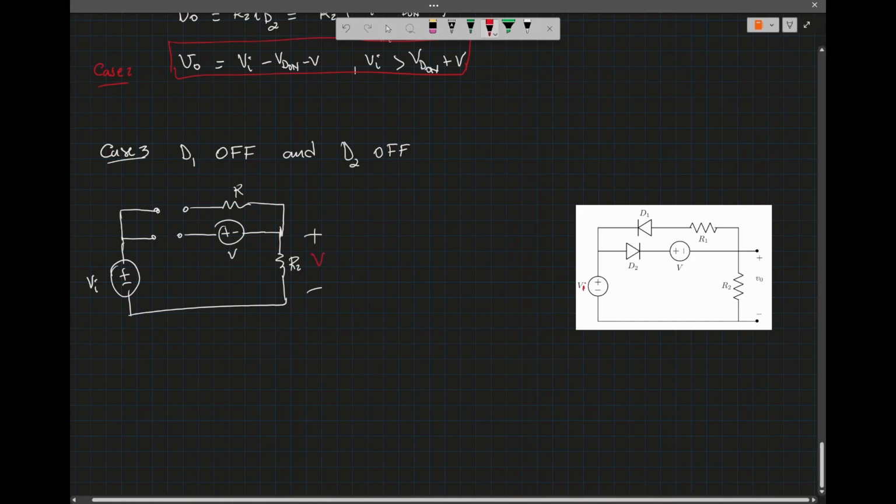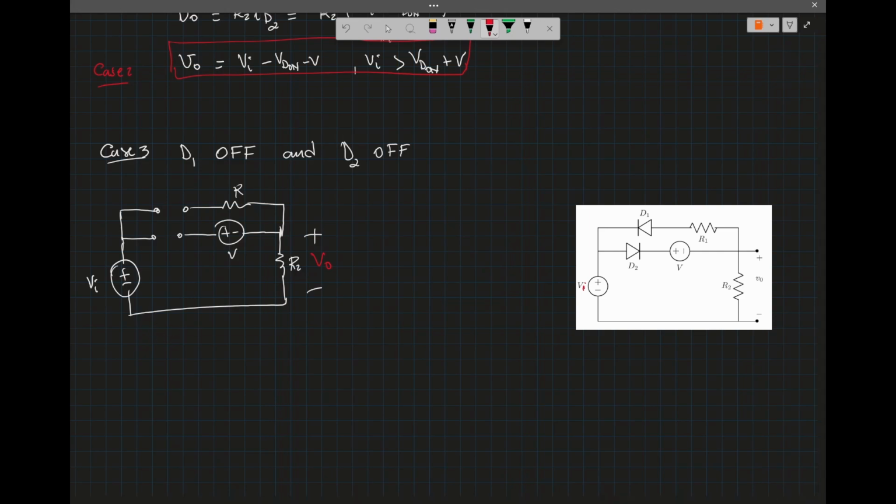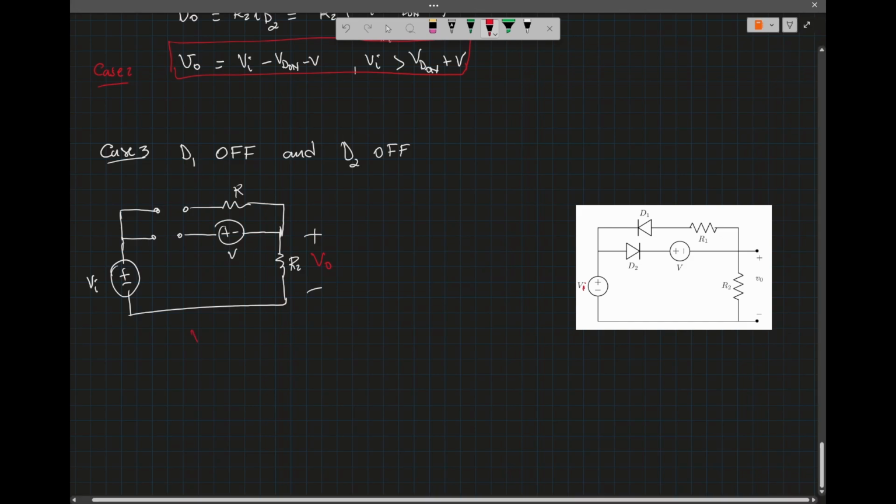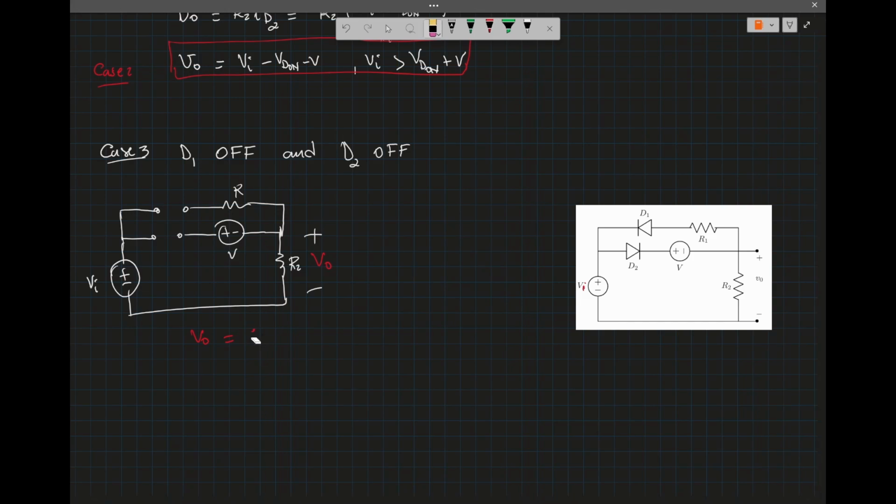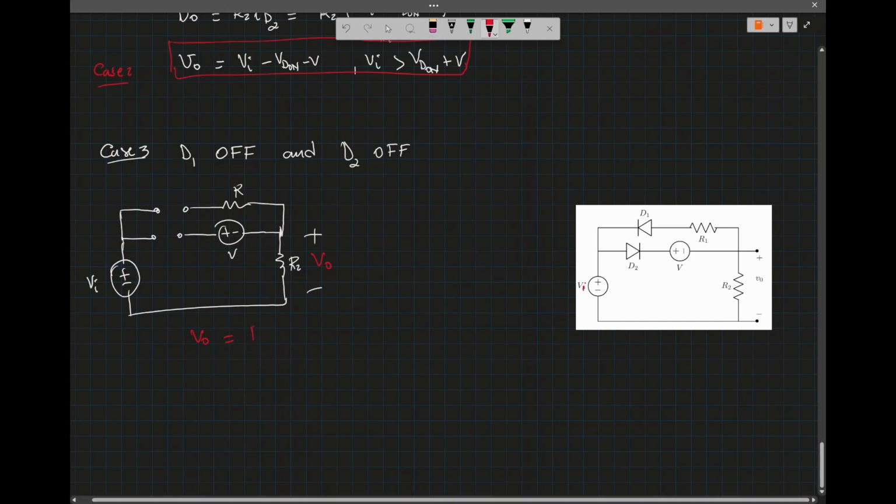So let me put V0 there. Because there's no current through that resistor R2, V0 equal to 0, right? Because that's R2 times 0, which is 0 volt.